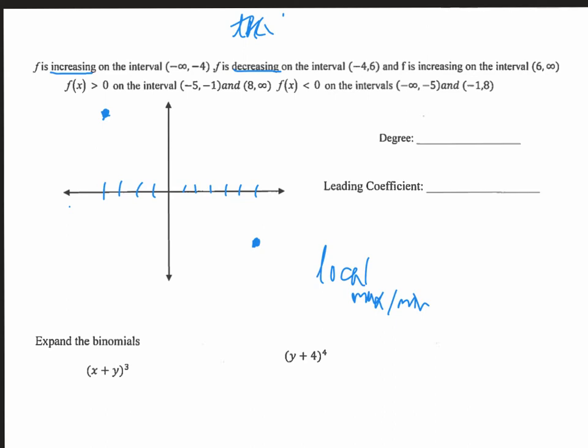But I don't know how yet until I know my x-intercepts. So my x-intercepts are the intervals of positive and negative. So these are my x-intercepts.